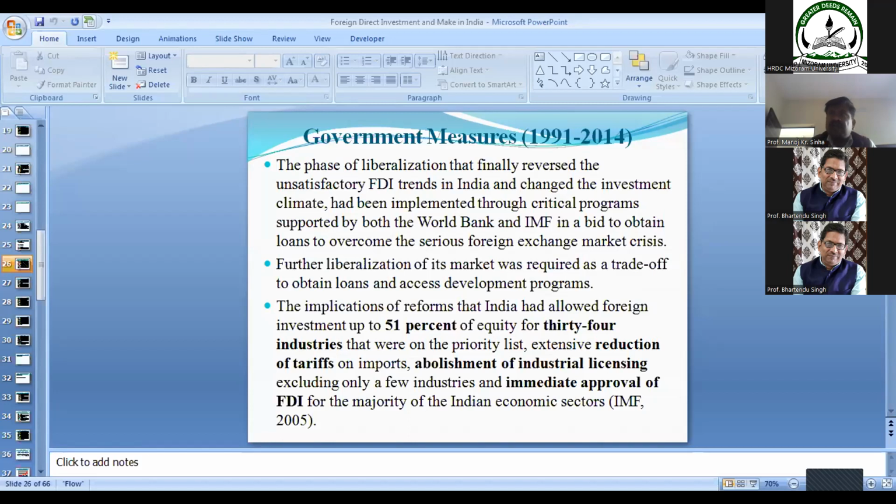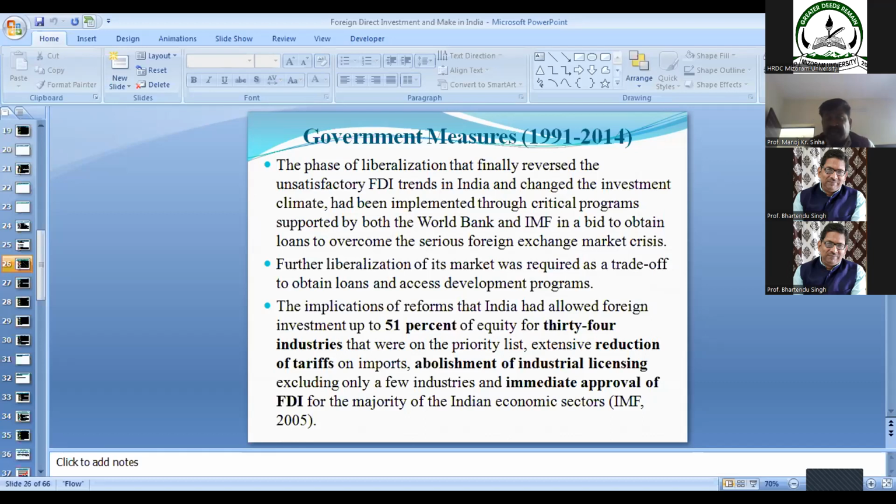Before that, foreign companies could acquire only up to 40%. Then a majority of shares were offered to foreign investors in 34 industries on the priority list, which were exclusively reserved for public sector undertakings but are now open to the private sector, including foreign investors.